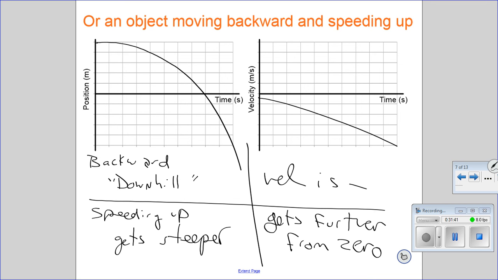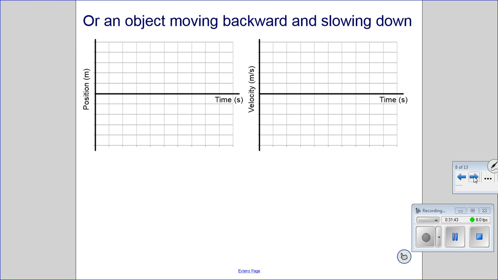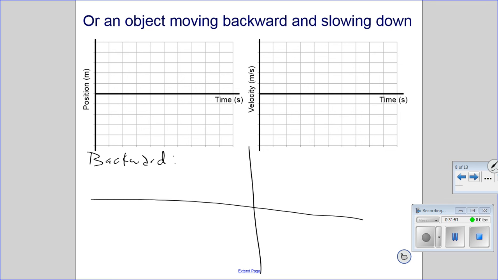All right, last example. We got to do backwards and slowing down. So backward. What's it going to look like? Because we're going backward, the position time graph will go downhill. And since we're slowing down, it's going to do what? Less steep.